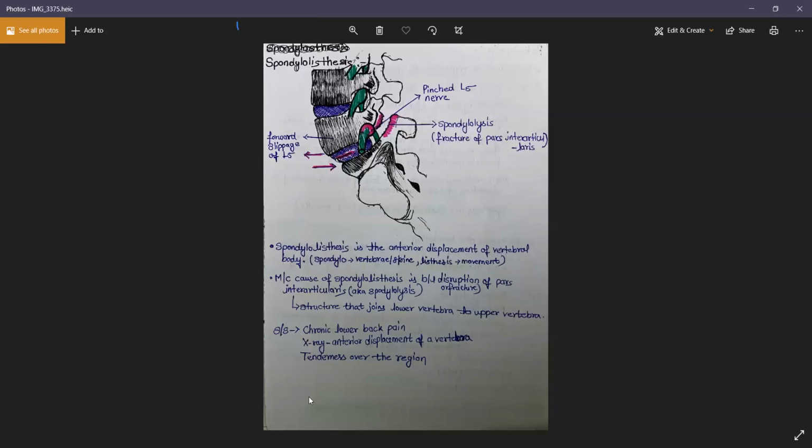Whenever you get these things, you will always think about spondylolisthesis. Generally, apart from the pain, the patient will have no other history, but sometimes because of nerve compression the patient can also get radiculopathy. Sometimes just the pain, sometimes radiculopathy along with the pain. This is about spondylolisthesis.